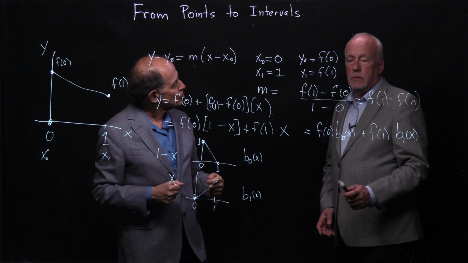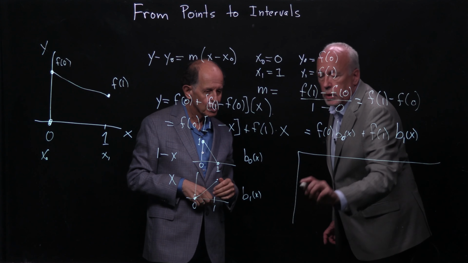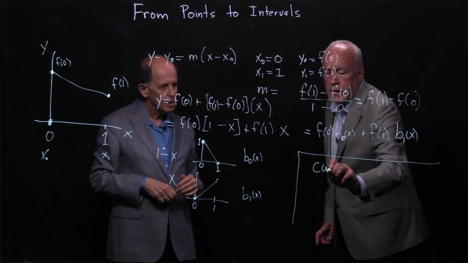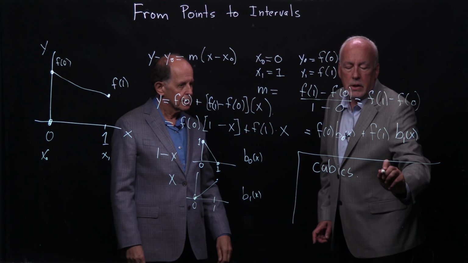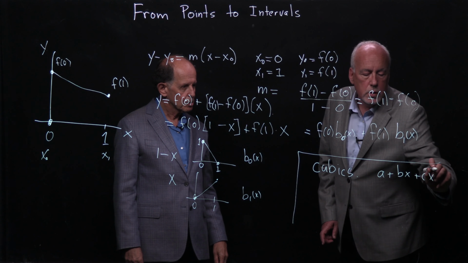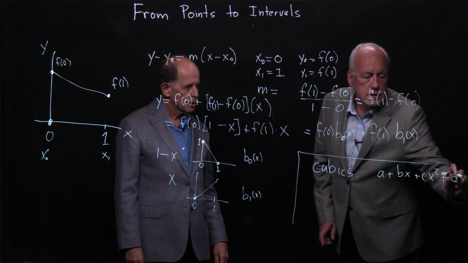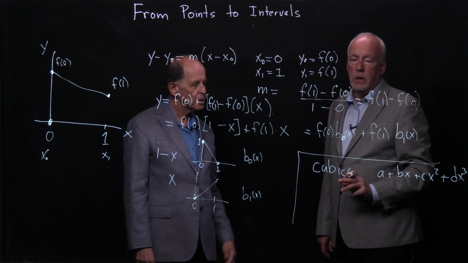Right. So what's the next step after that? The next step, I'm just going to quickly introduce the idea. We want to look at cubics. Cubics look something like a plus bx plus cx squared plus dx cubed. So there are 4 parameters, and we need 4 conditions.